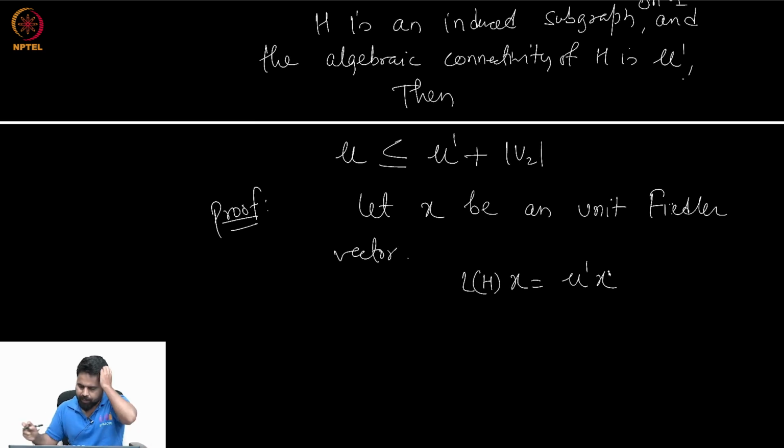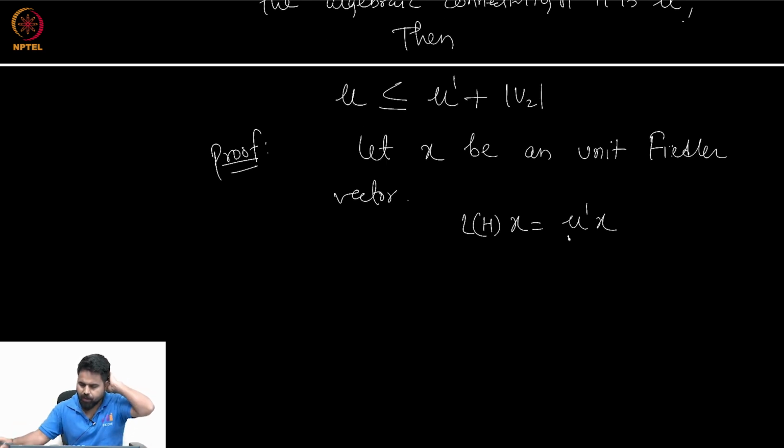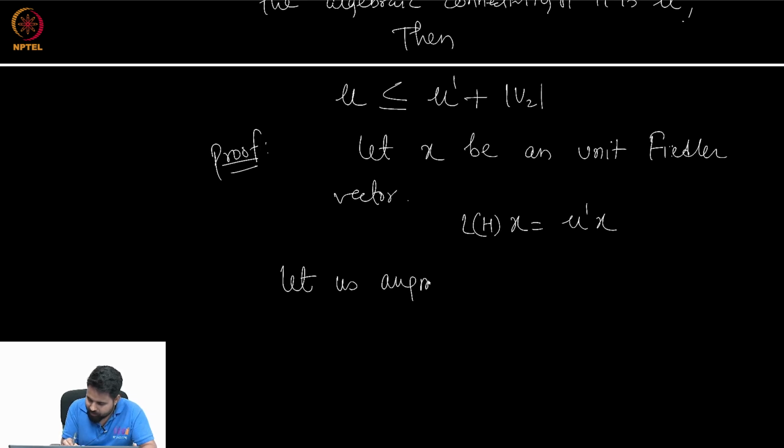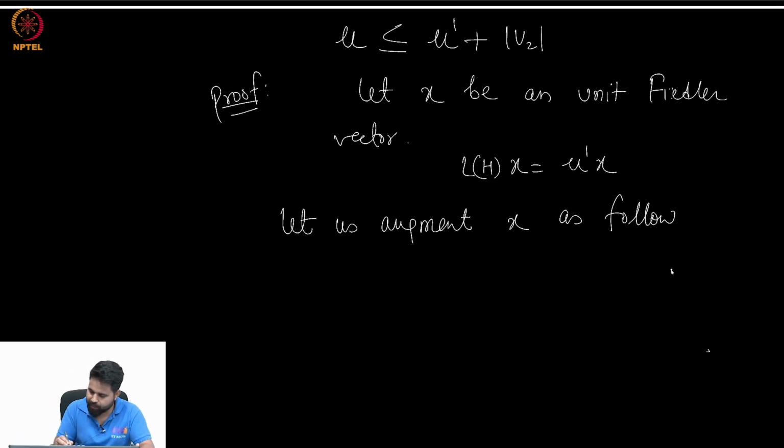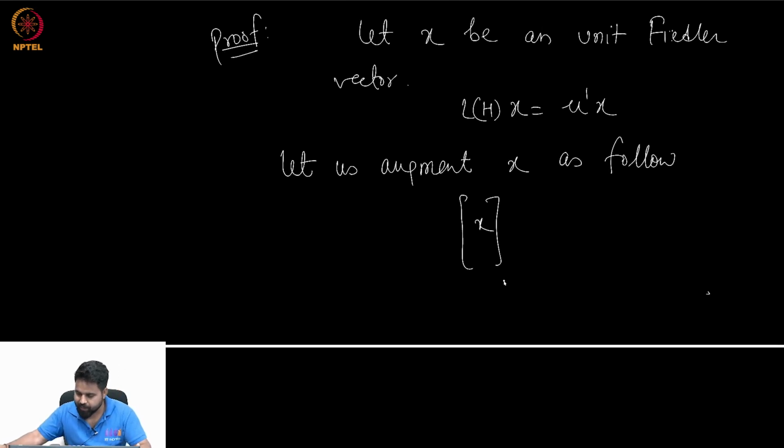Very good. Now let us augment x as follows. Augment means we increase the size of x by adding some entries. So x was this vector. Now here you add some zeros, 0 0 0, such that the size becomes n cross 1.